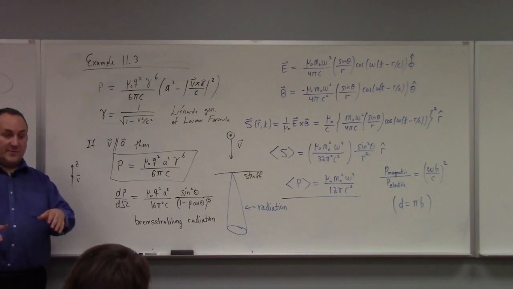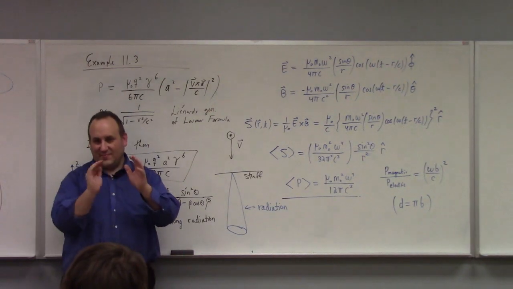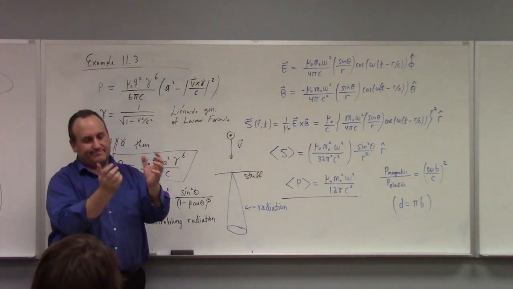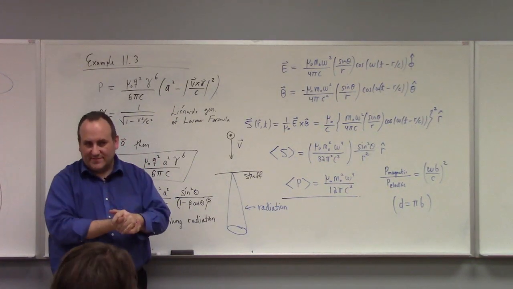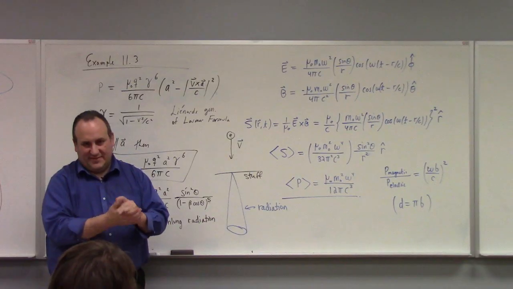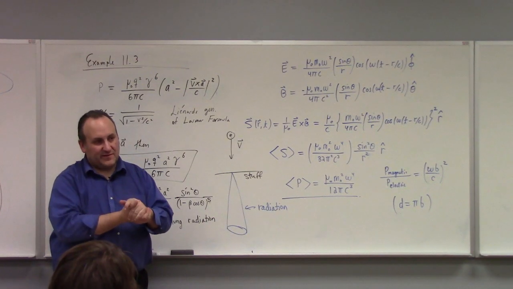Okay, so those are the examples. The spinning ball of charge does not radiate, but that's clearly an accelerated charge.